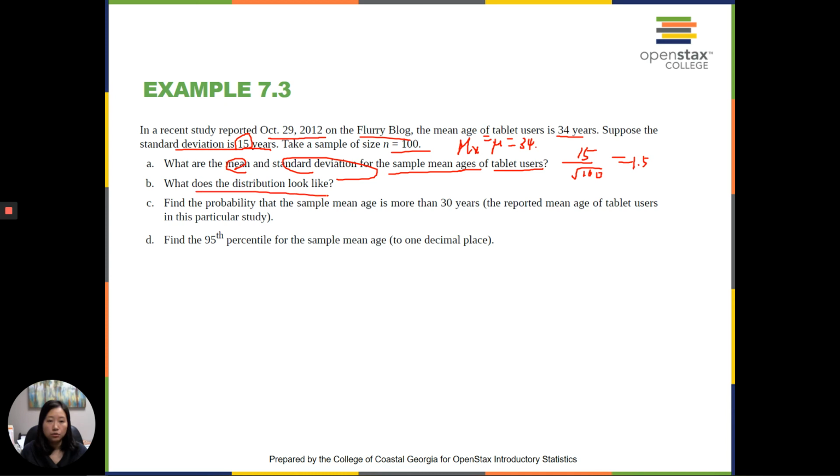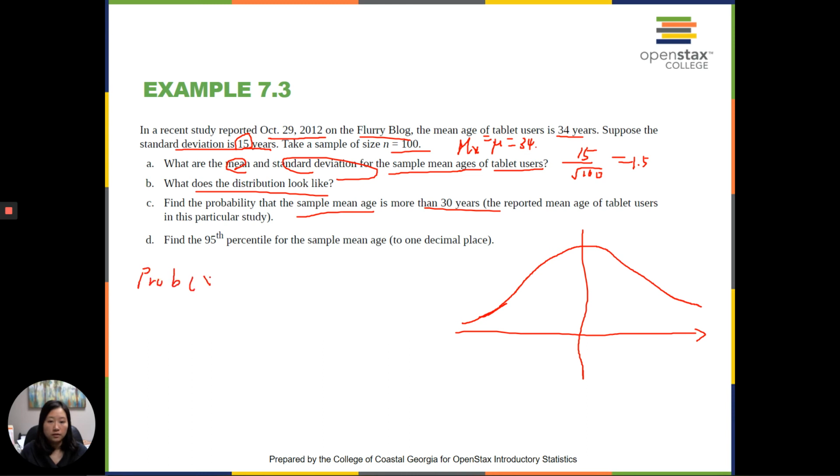So what does the distribution look like? It will be a normal distribution. The central limit theorem says that the sample mean age will become a normal distribution. Right, so find the probability that the sample mean age is more than 30 years. The probability of X bar greater than 30 years is equal to 1 minus the probability of X bar less than 30 years.